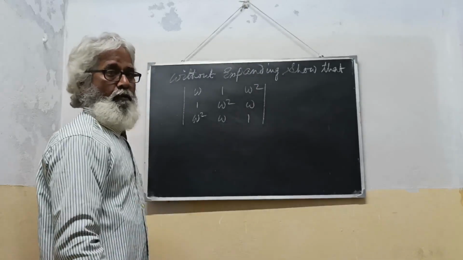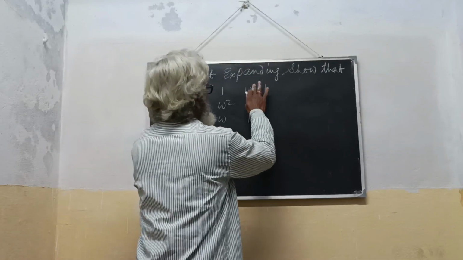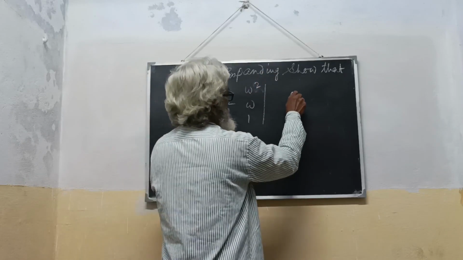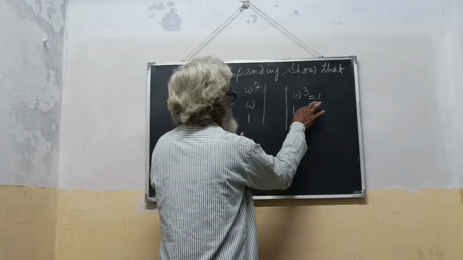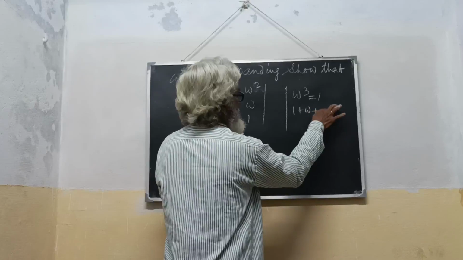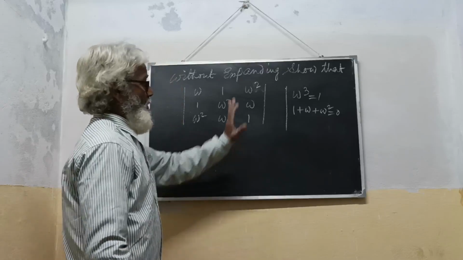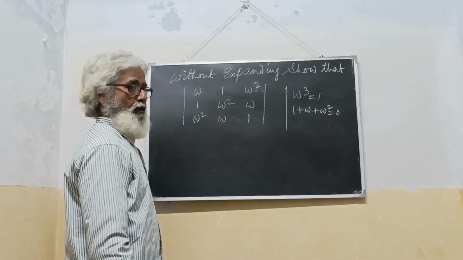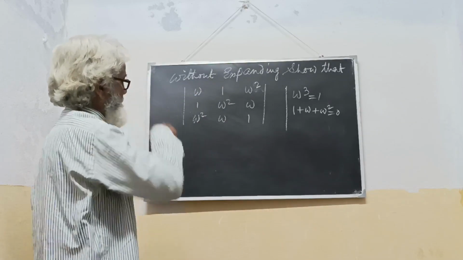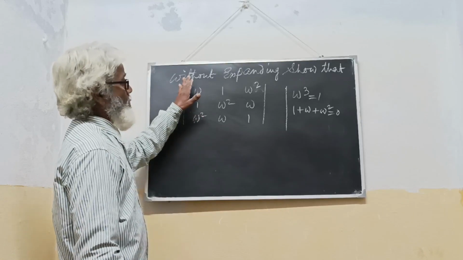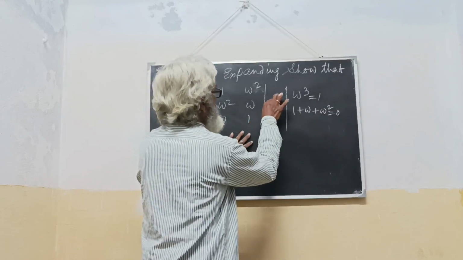What is omega? We have already learned, as I hope, the complex number, and in the complex number you see omega cube equal to 1 and 1 plus omega square equal to 0. That was in the complex number. When I teach you about complex number, I will explain everything in details. Now, this is our determinant. We have to show, without expanding, that this is equal to 0.